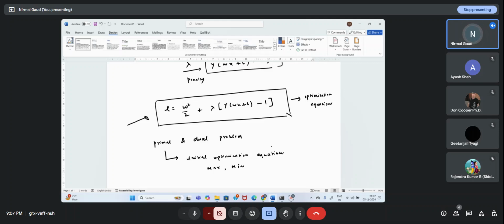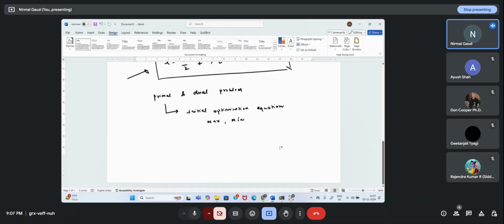So obviously this equation will be differentiated with respect to del L by del x, del L by del y, and del L by del lambda. So that's my primal problem, the original optimization.